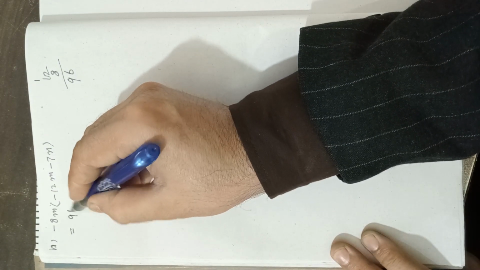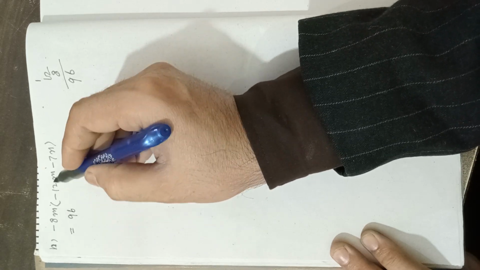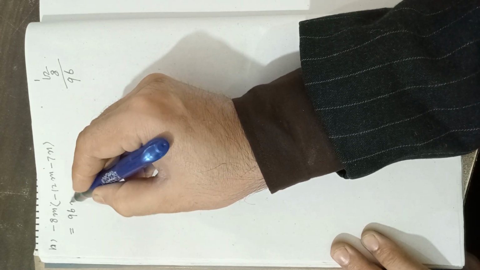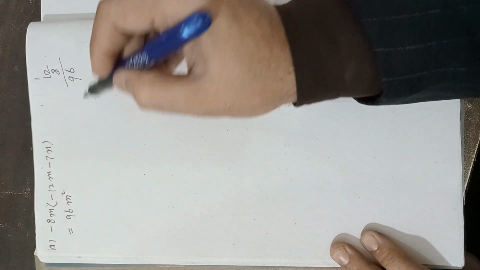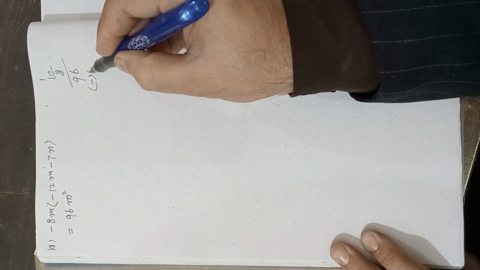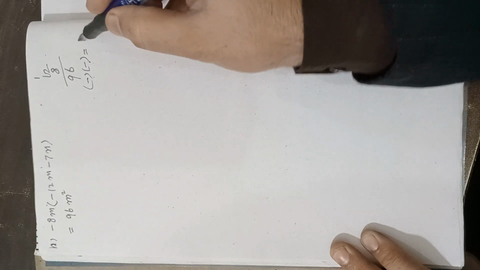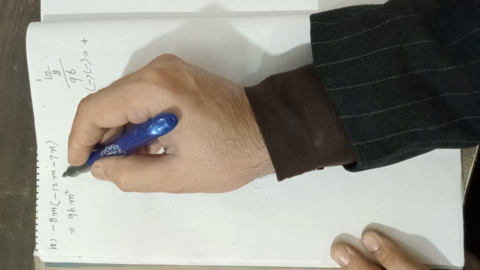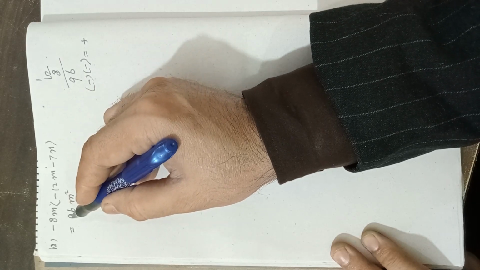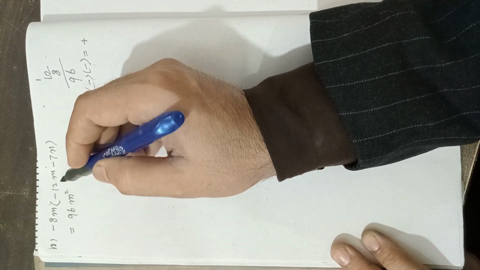You will write 96 here, and m multiplied by m will become m square. This minus and this minus makes plus. Minus multiplied by minus is equal to plus. So we will not write plus here, because if there is no sign, then it is always plus sign.